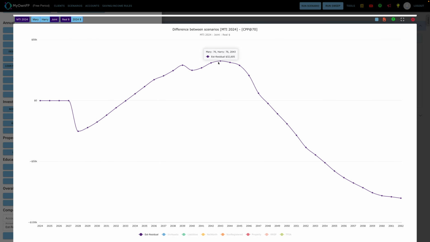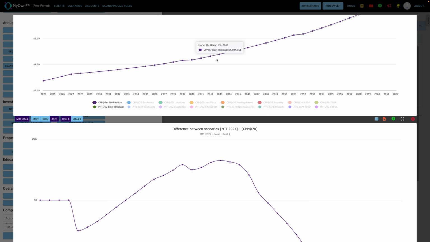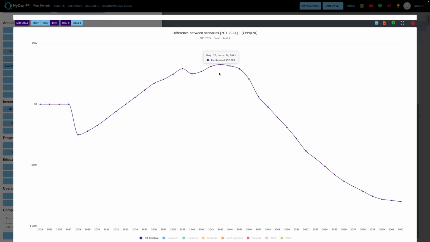So that's not very much relative to the estate at this point, which was, I can't remember, $5 million roughly. So this is really insignificant relative to the whole thing. Sure, you're up by a little bit, you're down by a little bit on this side, and then this aggressive RRSP meltdown ends up being slightly negative towards the tail end compared to the previous option.